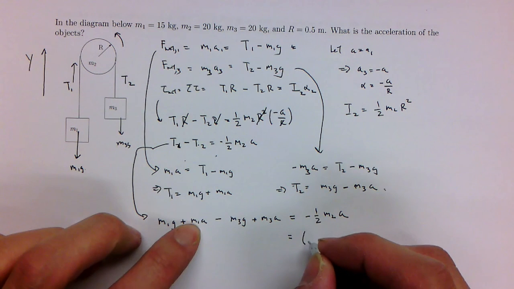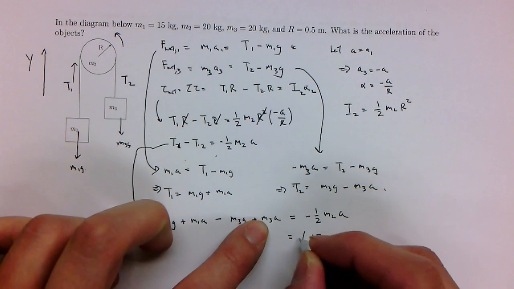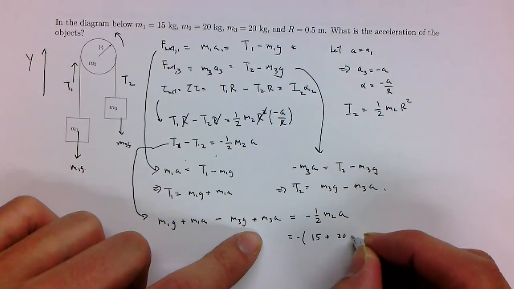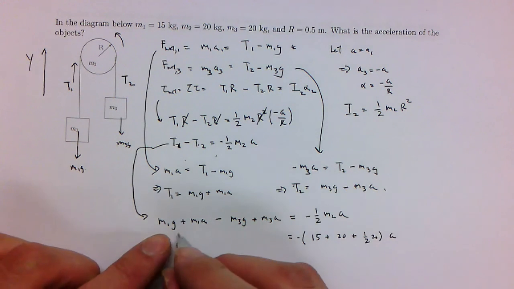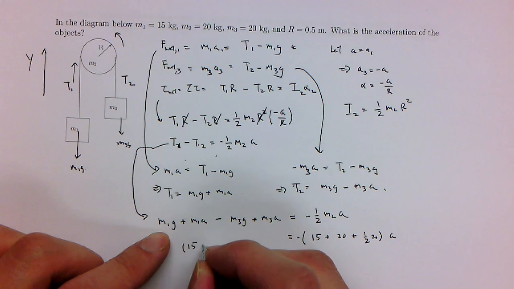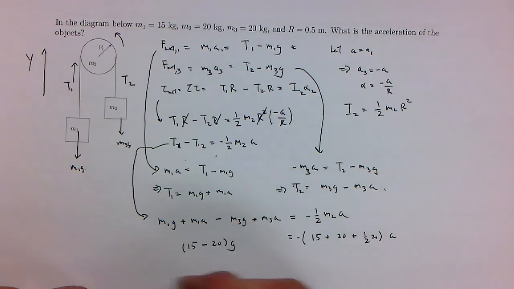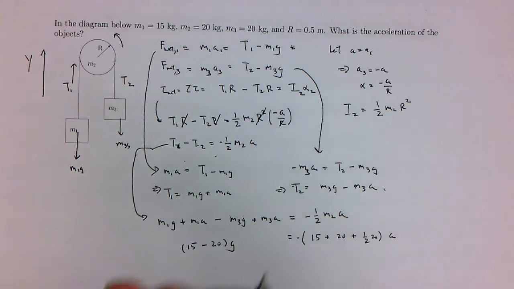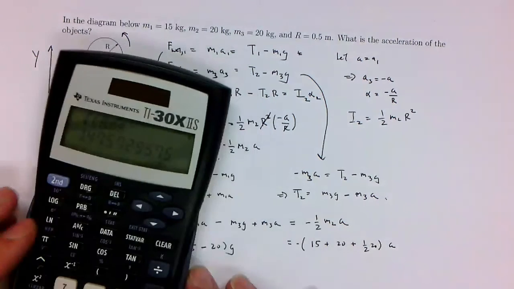A is multiplied by M1, which is 15, plus M2, which is 20, plus again 1/2 times 20. That's equal to M1, which is 15, minus M3, which is 20, times g. We should calculate that carefully, so let's bring our trusty calculator here.